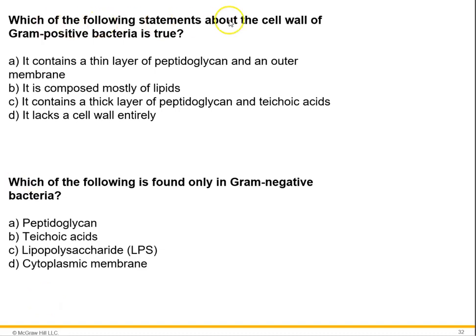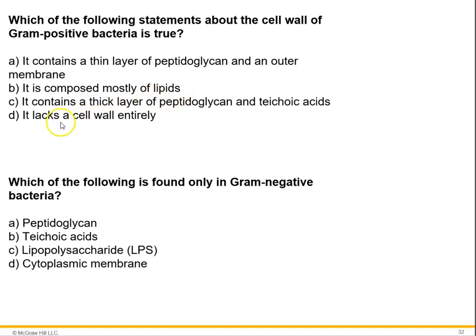Okay, which of the following statements about the cell wall of gram-positive bacteria is true? A, it contains a thin layer of peptidoglycan and an outer membrane. Nope, that's gram-negative. B, it is composed mostly of lipids. No. C, it contains a thick layer of peptidoglycan and teichoic acids.